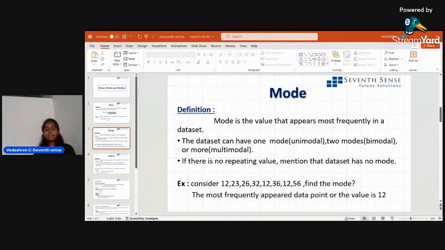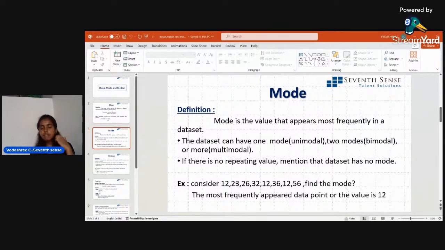So how will you calculate the mode? Mode is nothing but a value that appears most frequently in the data set. Suppose we consider this example: 12, 23, 26, 32. Find the mode.